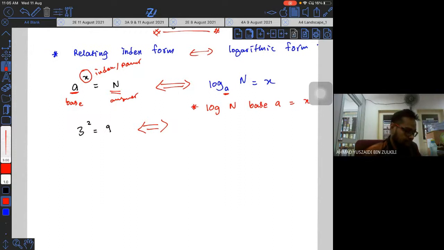Okay, as usual, log at the front. What is the value of n? What is n? 9. Okay, 9.